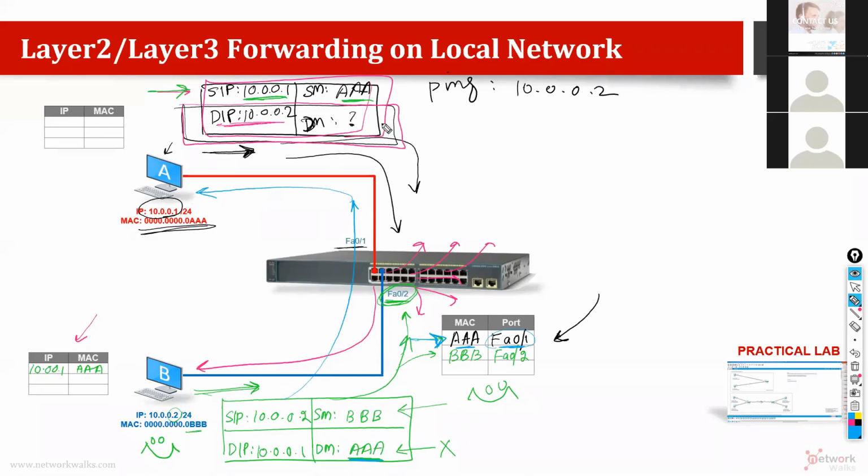So from this information, can we fill in this information now, which was unknown initially? Yes. So what can we fill in here? We can fill in here BBB. We know that to reach this IP address, this 10.0.0.2 has a MAC address of BBB.